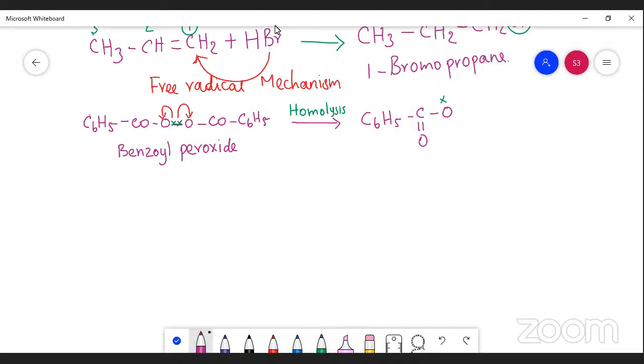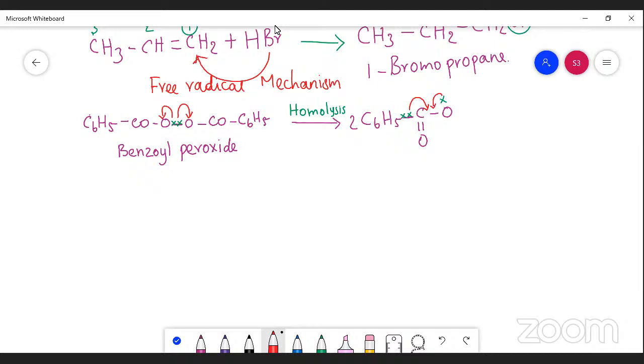Now, a bond is made up of 2 electrons. This will move with the removal of carbon dioxide, so that the oxygen free radical comes here with 1 electron.